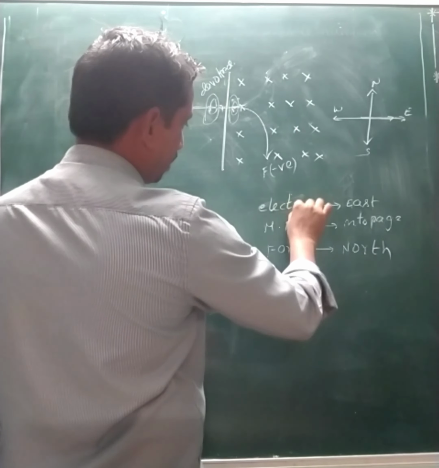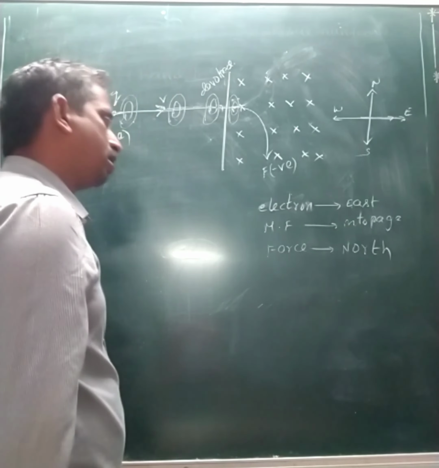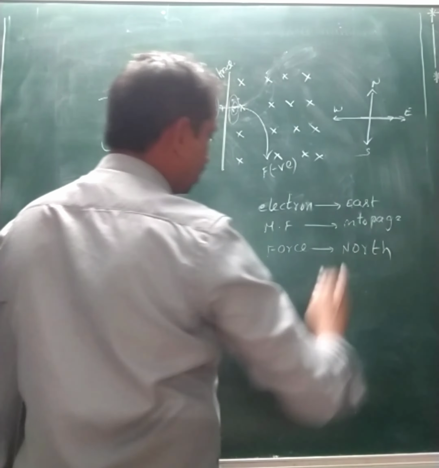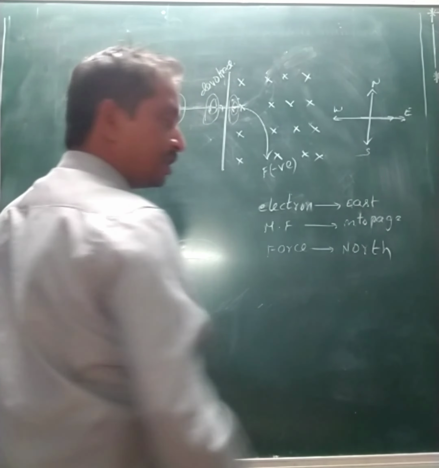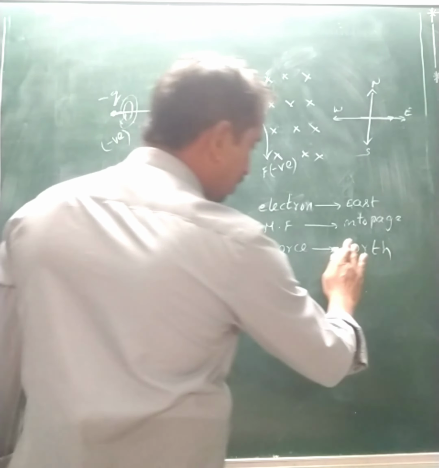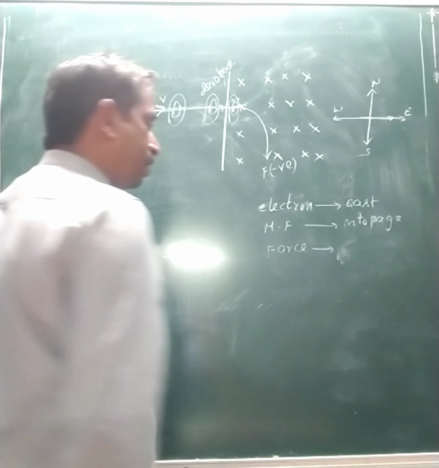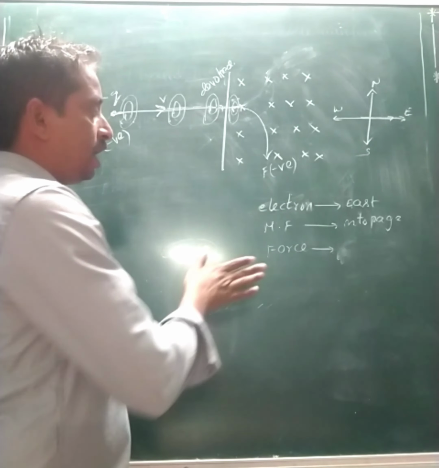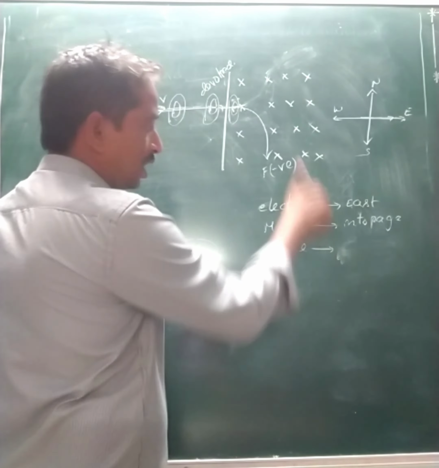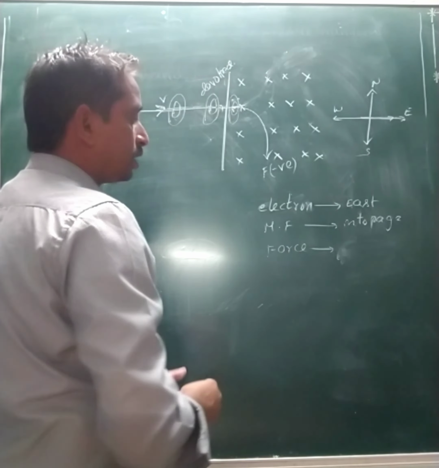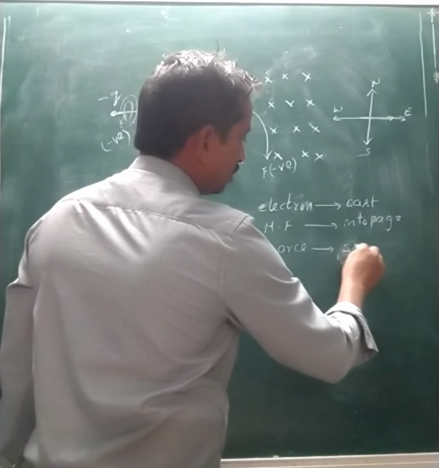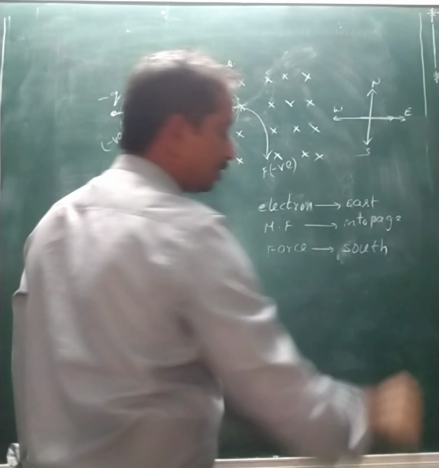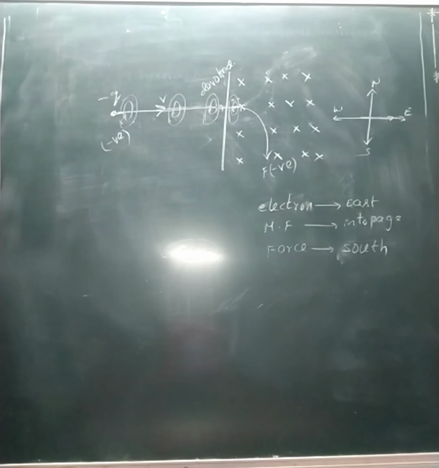Current is going eastward only, magnetic field into the page only. But what about the force acting on it? At this time we apply it for positive charge and reverse the directionality. Directionality reversed means what is the direction here? South direction. That means the magnetic force acting on it is in the south direction.